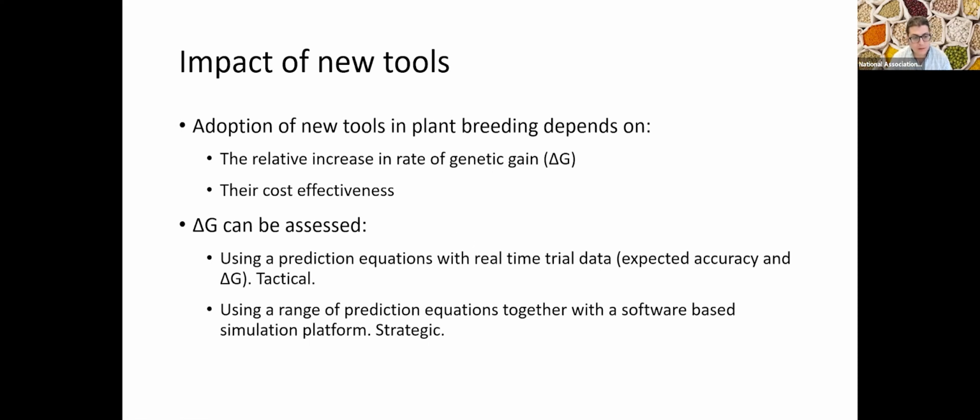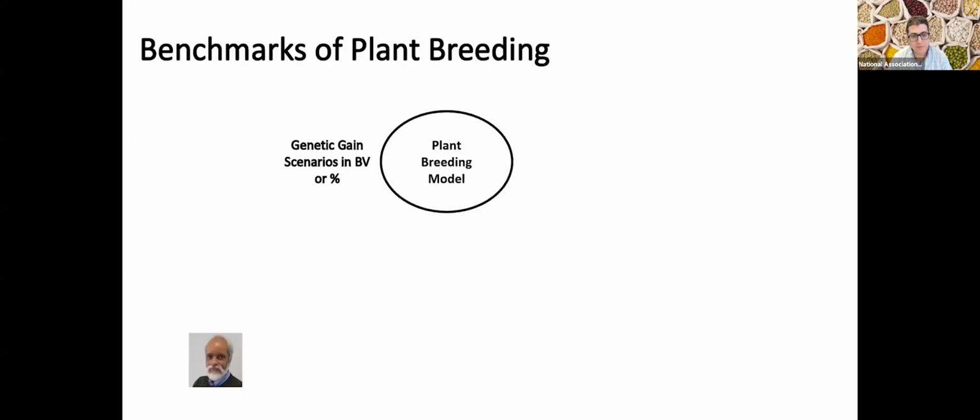So the delta G can then be assessed that way, and so in the benchmarks of plant breeding, we have first, and this is a model that was originally developed by my colleague Sophie here, which you will see why I have that picture there on the bottom left.